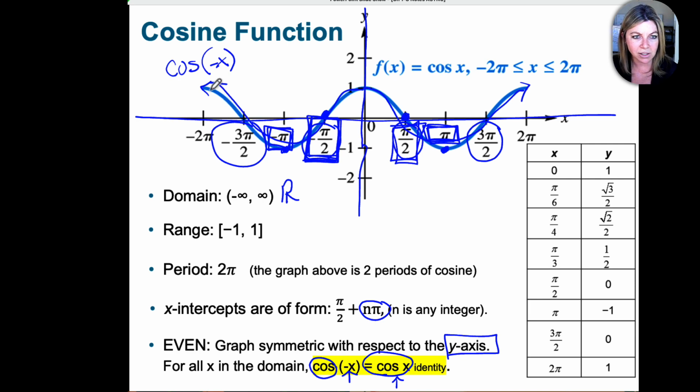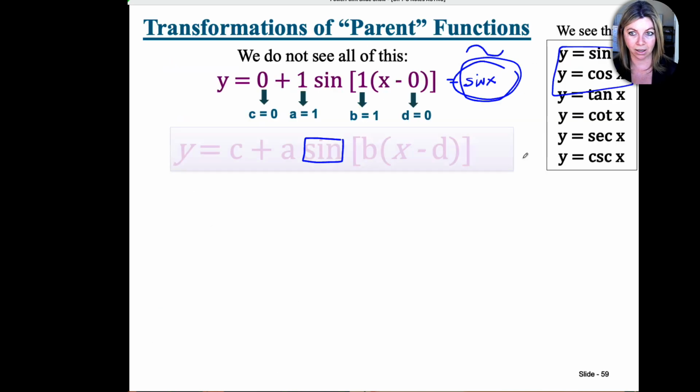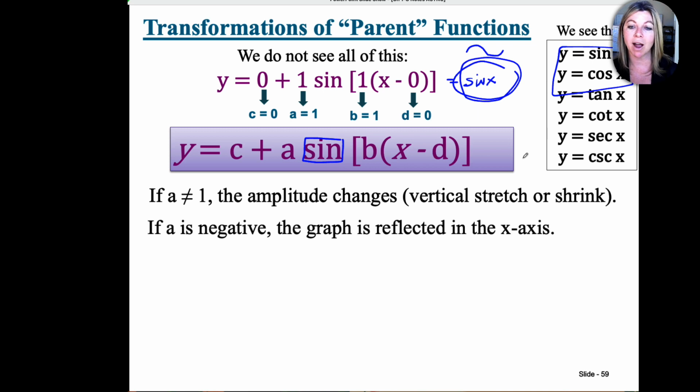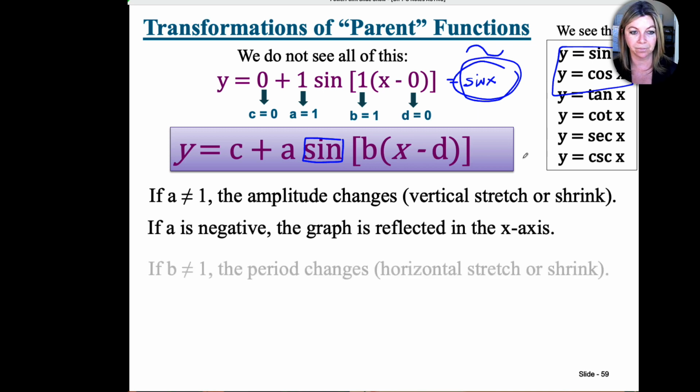Let me just sketch that. So this reflected in the x-axis would look like, watch this, it goes like that, and that, and that, whoop, and that, and that, okay? So that's what we're talking about if a is negative. The graph is reflected in the x-axis.